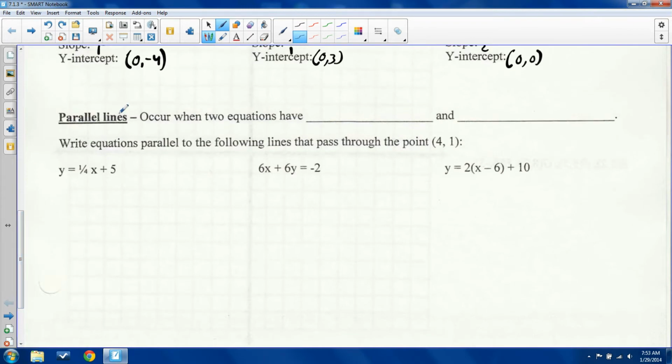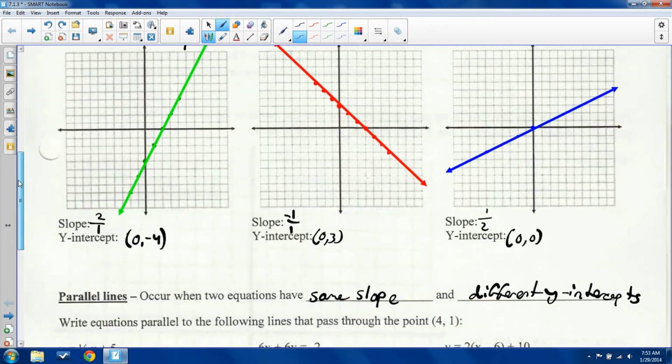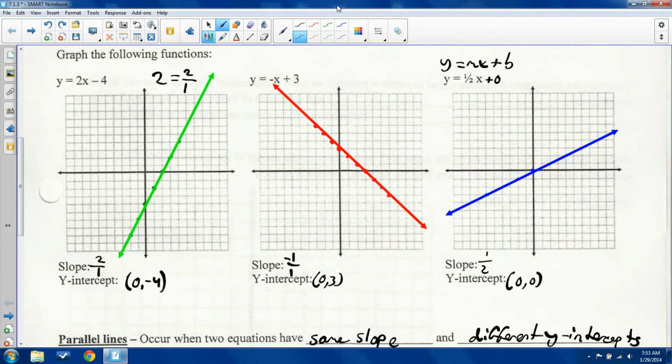Okay, parallel lines. Those occur when two equations have the same slope and different y-intercepts. If I'm looking at something that's parallel, and you know what parallel means, same slope, so it never intersects, so we need something that has the same slope here, but it can't be the same exact line.